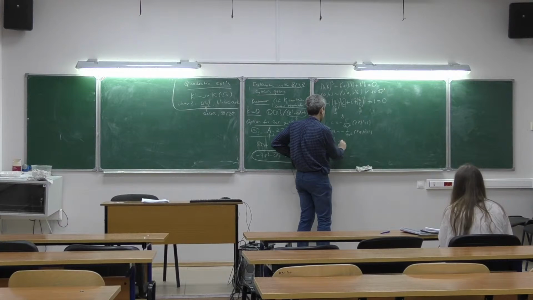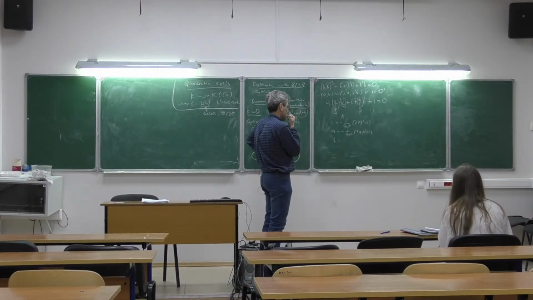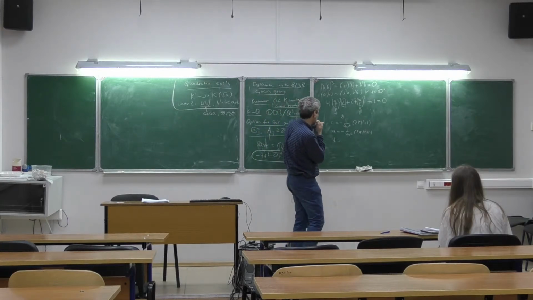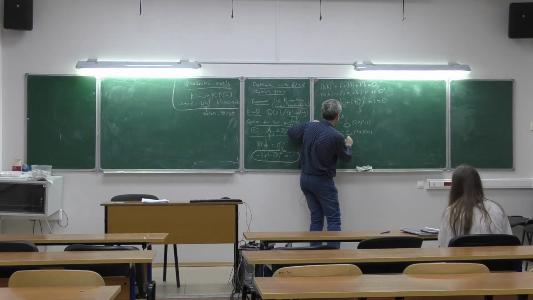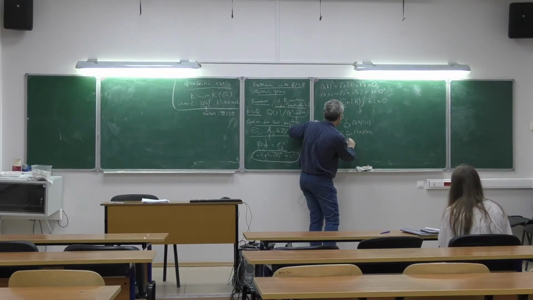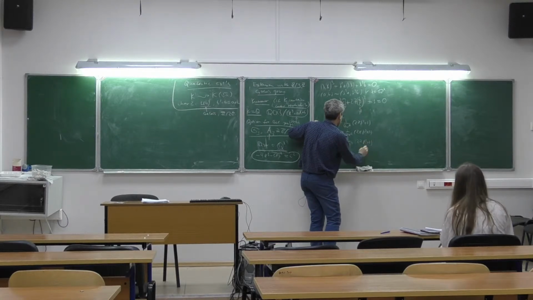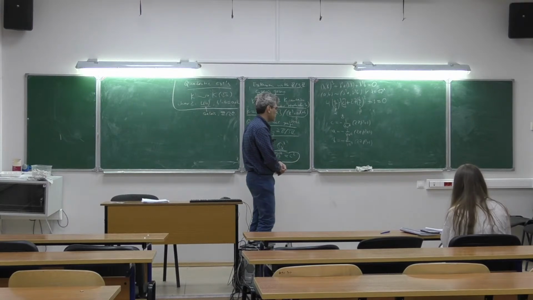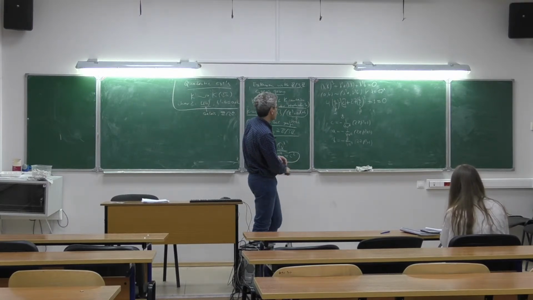And b is, what is b? It's beta times c, so it's beta minus beta over 4 alpha cube, 27 plus 1.